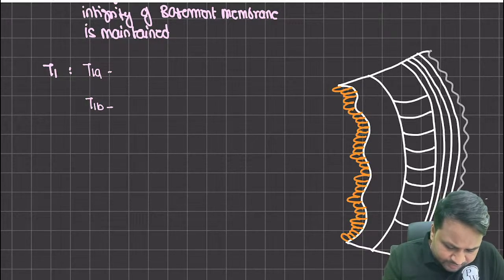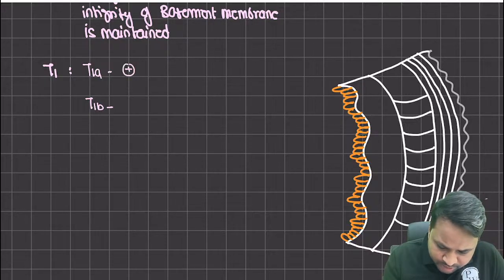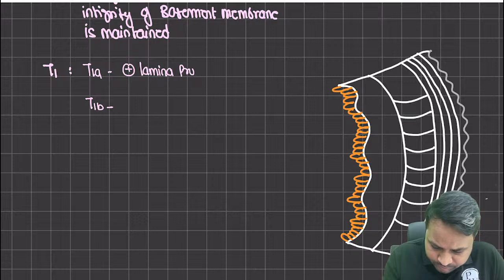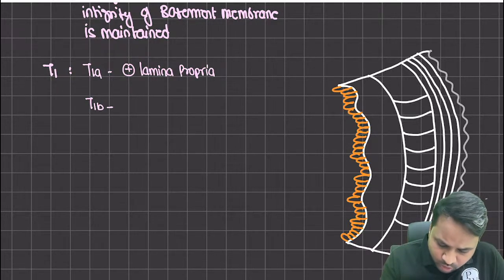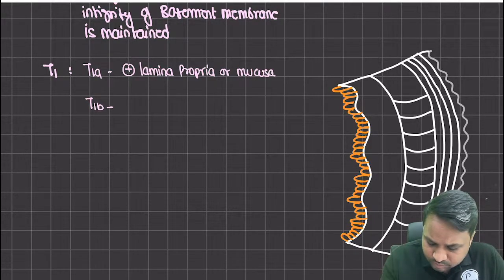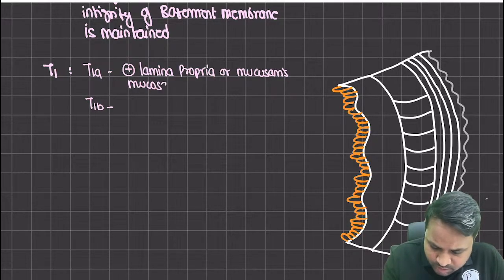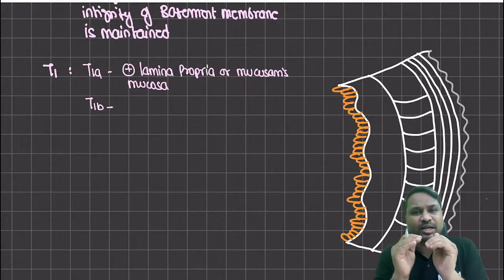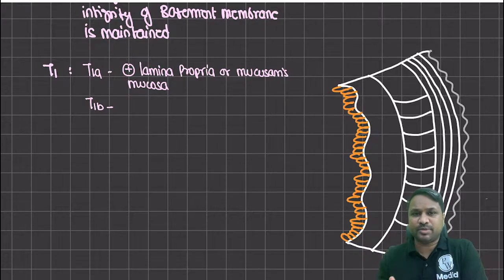T1a is if a tumor is involving the lamina propria or the muscularis mucosae. The mucosal surface has three layers: the epithelium, the lamina propria and the muscularis mucosa.